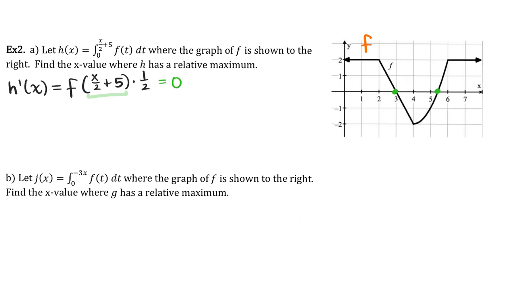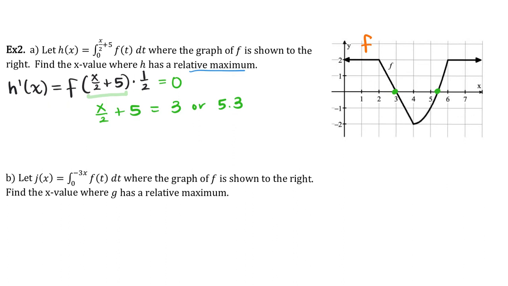Okay, so let's consider both of the options and then I'll think about which one's right. So if I do x over 2 plus 5, the critical numbers are going to occur either when that equals 3 or when that equals, what was the other one we said? 5.3, 5.4, somewhere right there. Okay, I want this to be a relative maximum. So I want h prime to change from positive to negative.